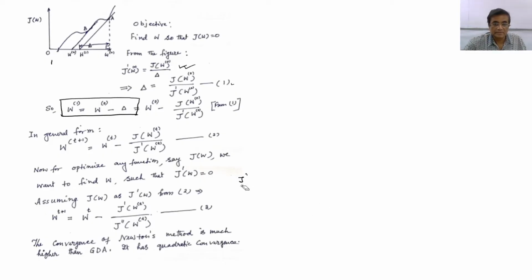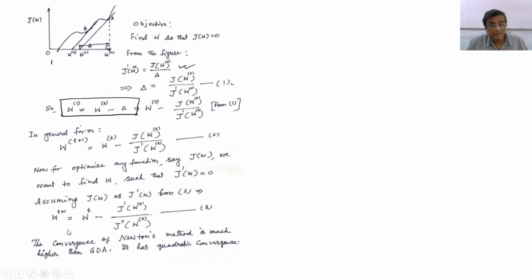Otherwise we can discuss in the discussion forum. Simple, okay. So I can now write this down, and this is known as Newton's formula. Based on Newton's formula, I can update my parameter, okay.